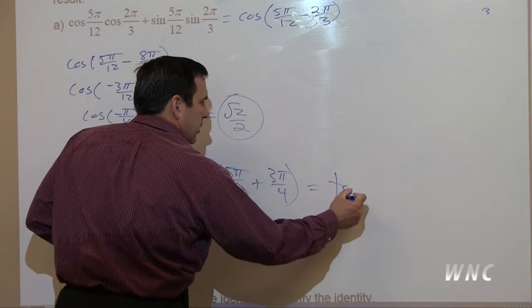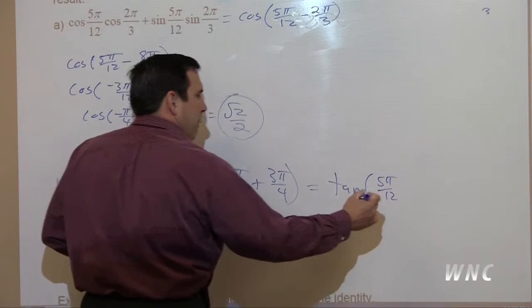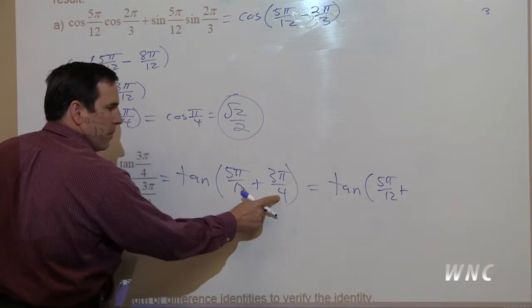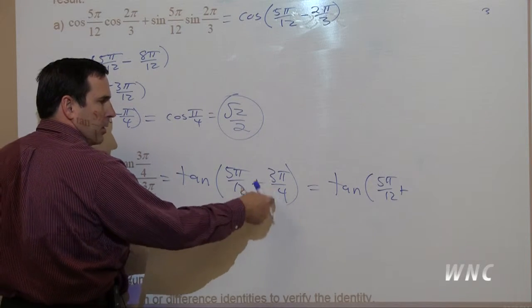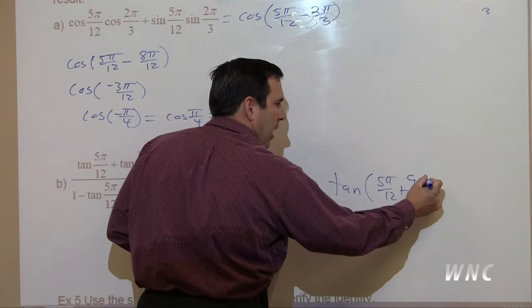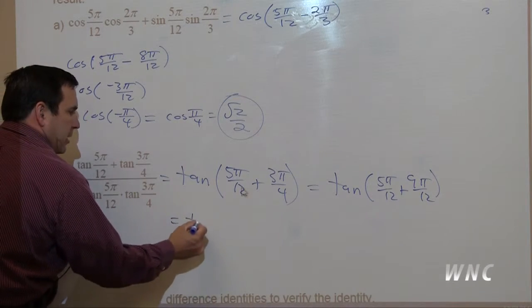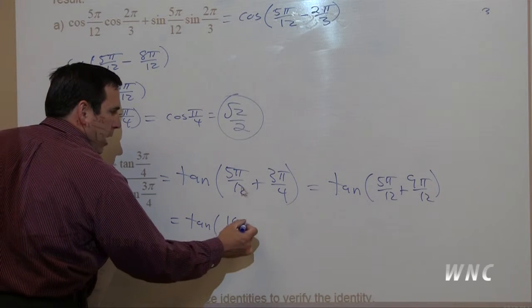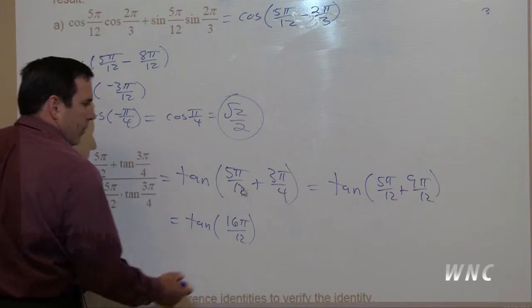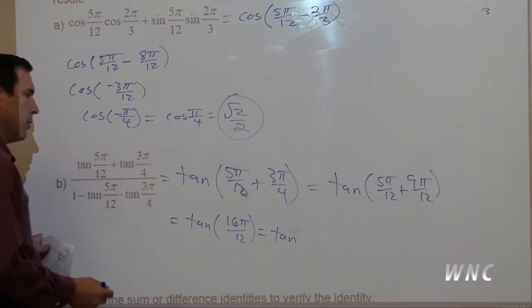So this is tangent of 5 pi over 12 plus, now to make a 12 in the denominator, multiply by 3. So 3 over 3 gives us 9 pi over 12. So this is tangent of 16 pi over 12, which is tangent of what? 16 reduces with 12.